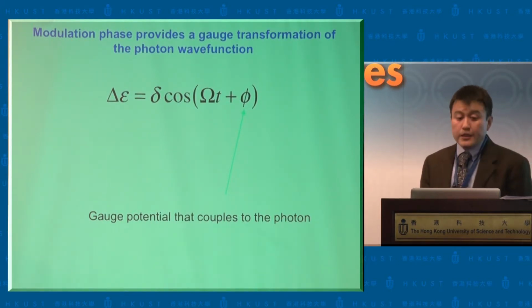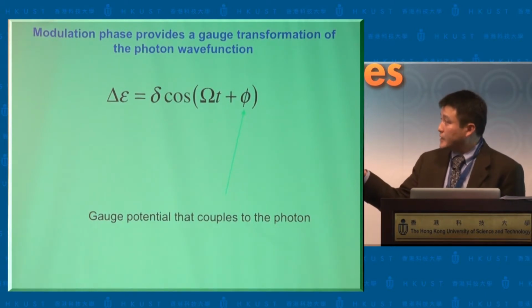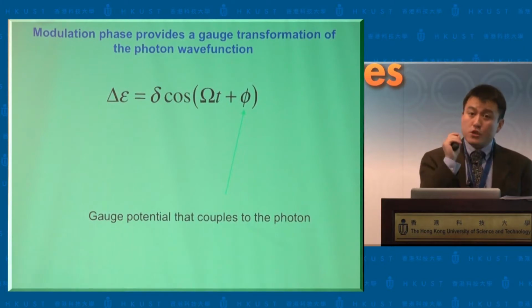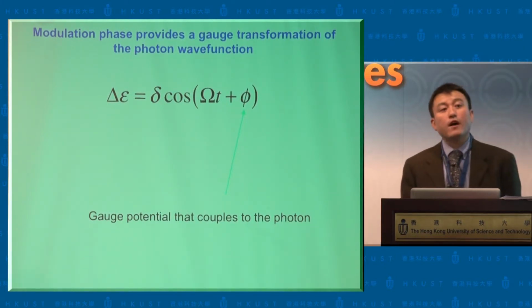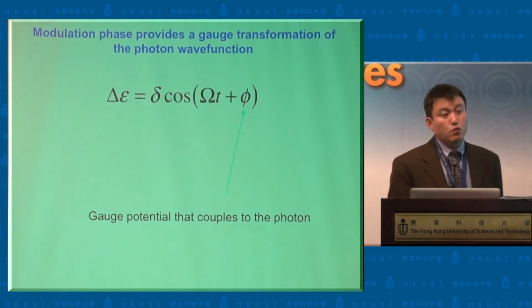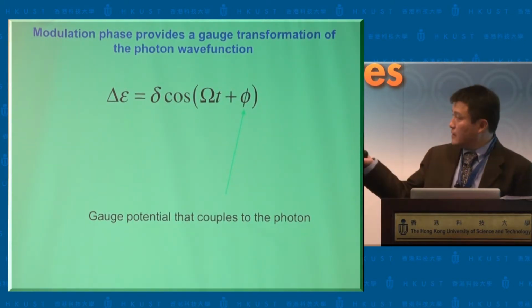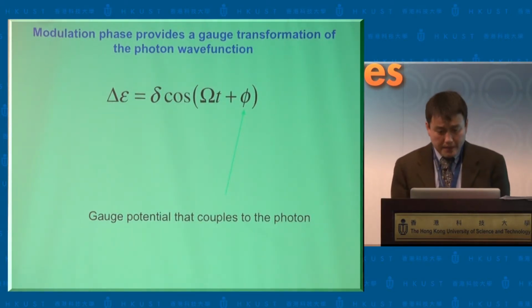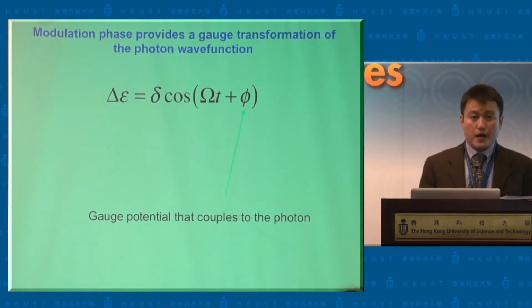Now, what you see here is, in fact, a degree of freedom where you can arbitrarily specify the photon wave function. And that degree of freedom is a gauge degree of freedom. So in fact, this modulation phase here is precisely a gauge potential that couples to the photon.